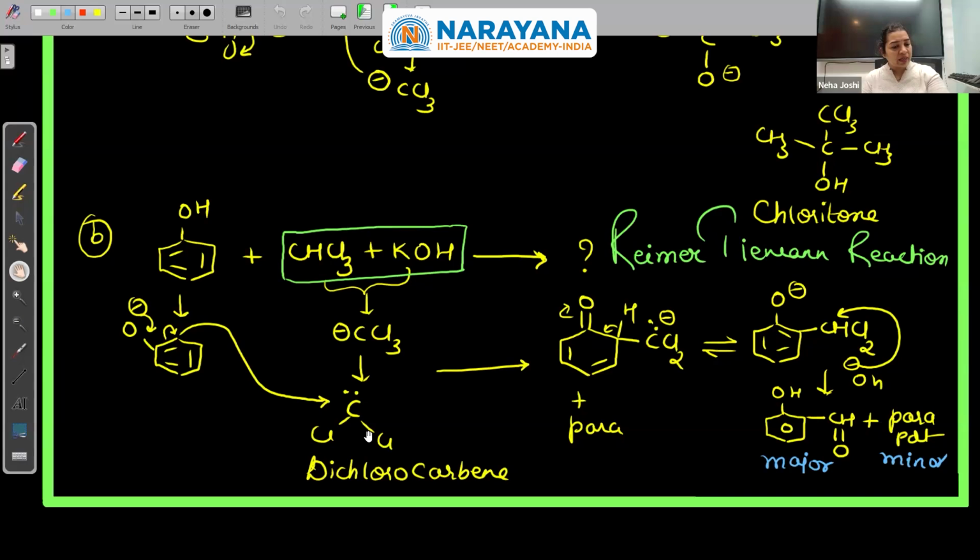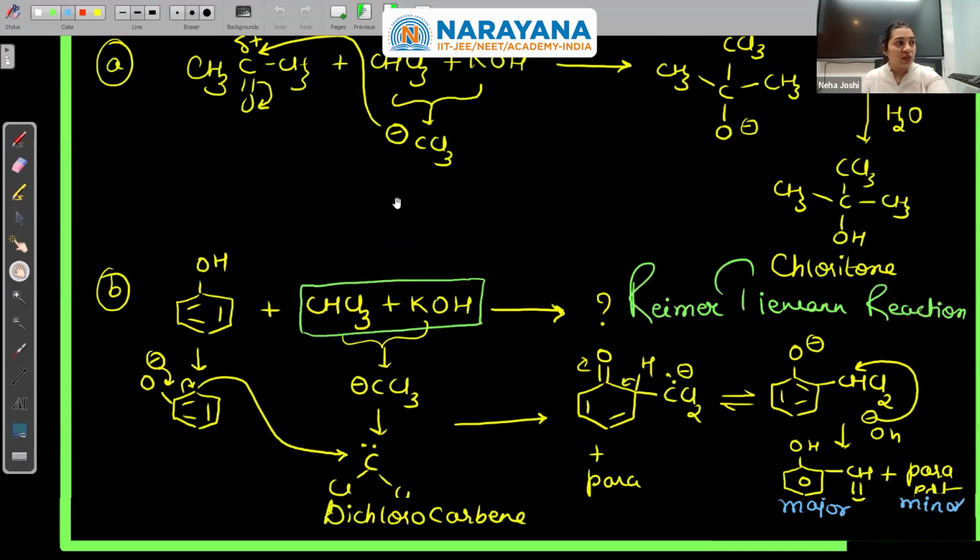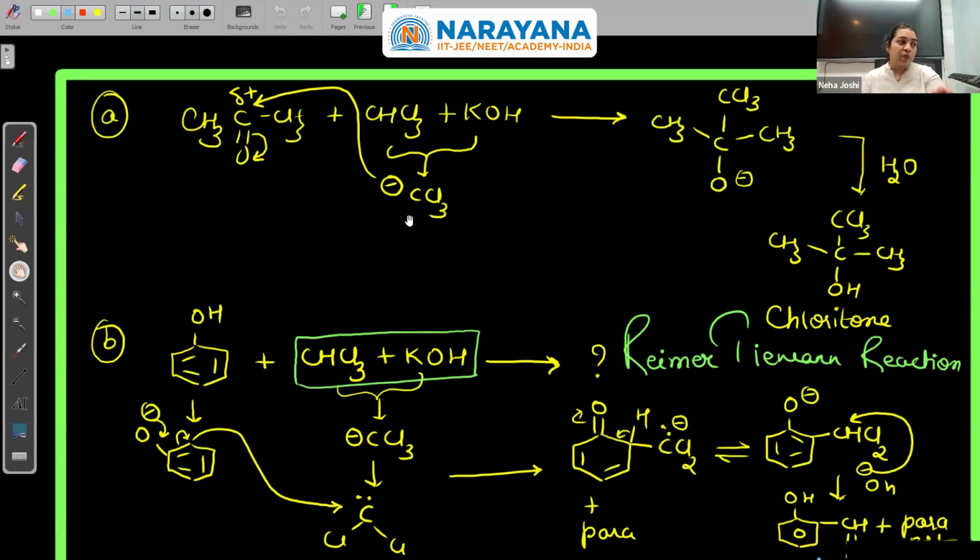Now when we get a chance to form dichlorocarbene, this dichlorocarbene will attack on phenoxide. And when this attacks on phenoxide, you have a very famous reaction called Reimer-Tiemann. Is that clear? Reimer-Tiemann is an example where you are using dichlorocarbene as an electrophile attacking on nucleophilic reagents. Whereas the earlier case is when you have CCl3 minus forming as a nucleophile attacking on electrophilic reagents.